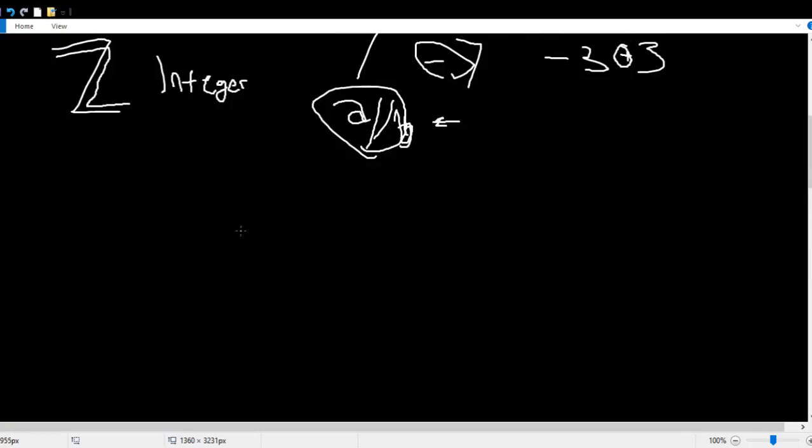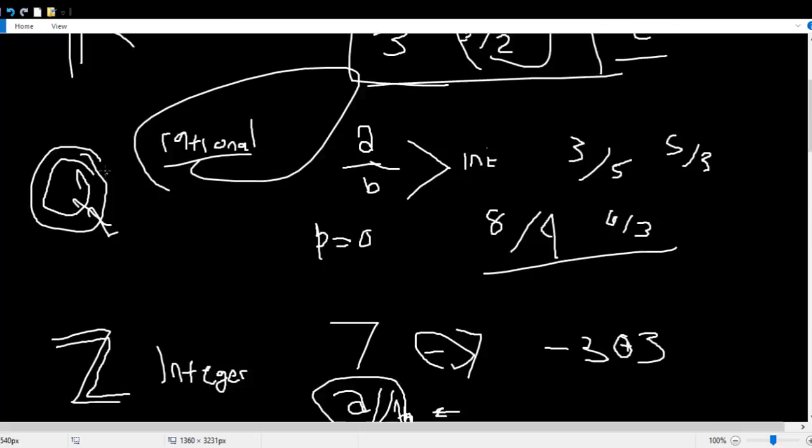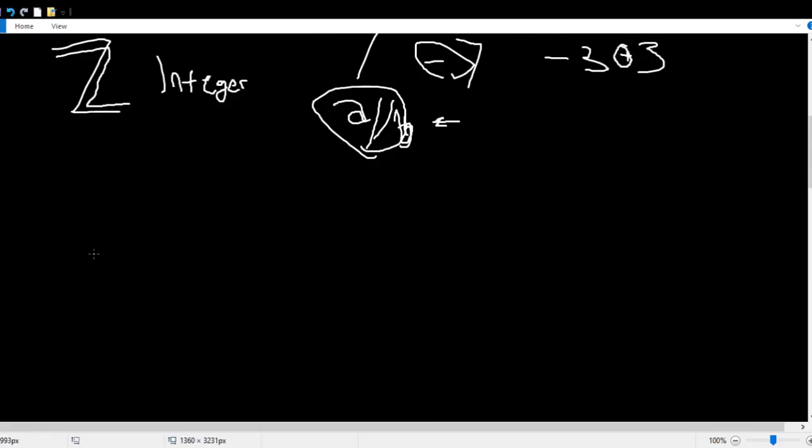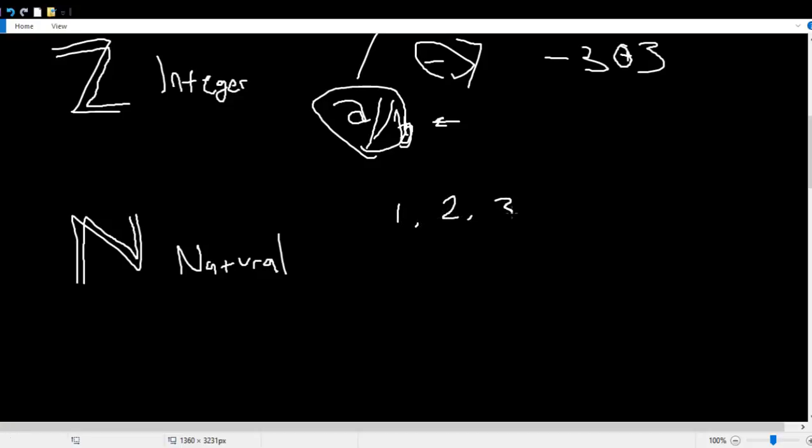And then finally, if you want to be most specific with these types of values, you're going to have what is known as a natural number, indicated very simply as just N, which stands for natural. And so when you think of naturals, you should think of counting numbers that you count. Especially as a child, you can go 1, 2, 3, 4, etc., right?